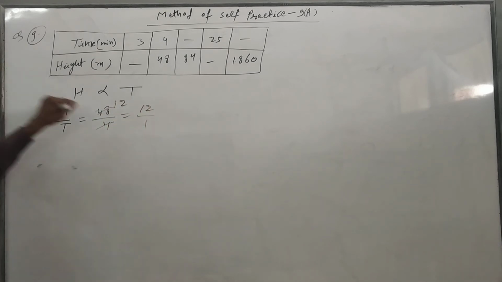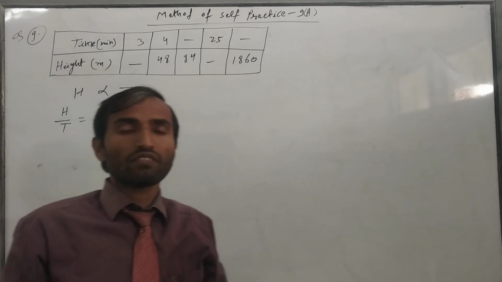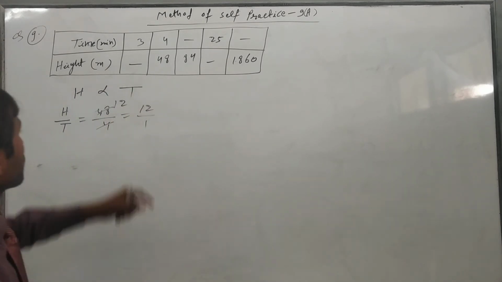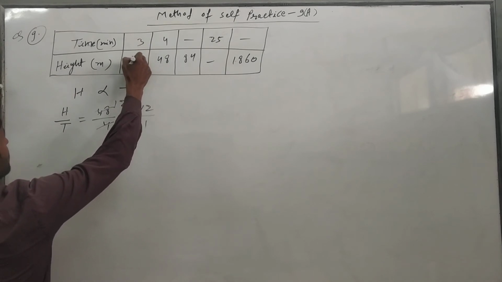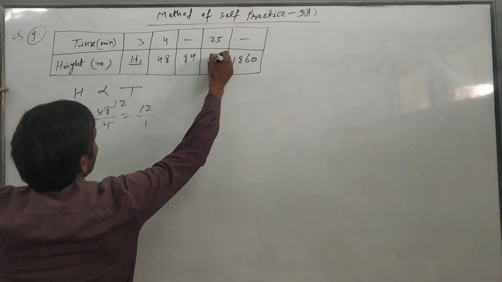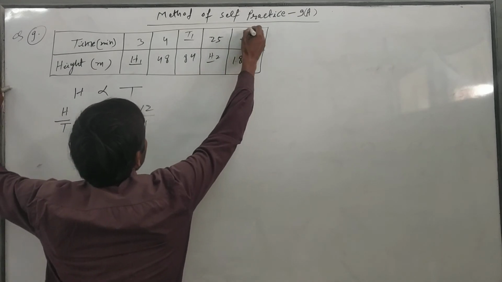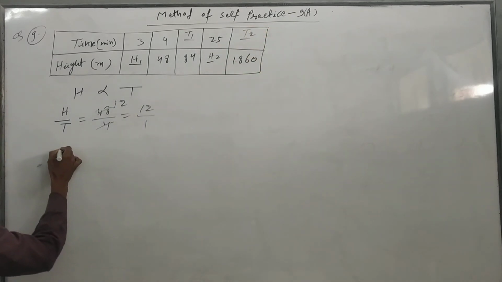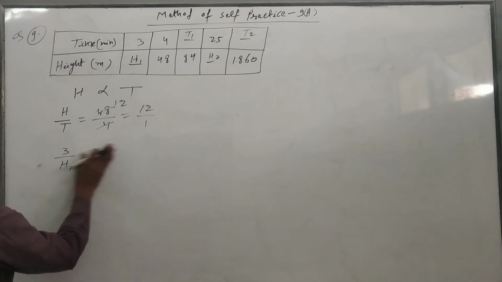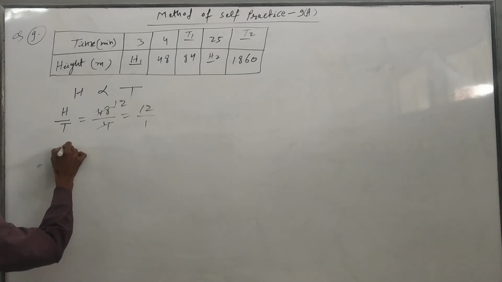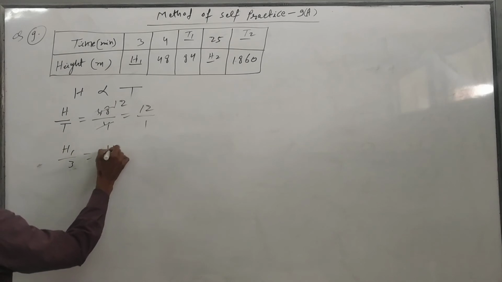It means the value of k, the constant of variation, is 12. Now we have to compare for each. Suppose this is h1 and this one is h2, and here t1 and t2. So we have to find h1. So h1 upon 3 is equal to 12 upon 1.